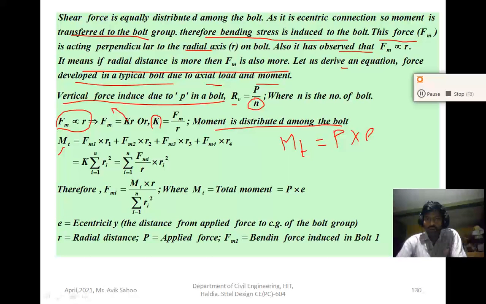Now this moment is distributed among the bolts. How much bending force is induced in a particular bolt depends on radial distance. So for different radial distances, different bending forces are induced.